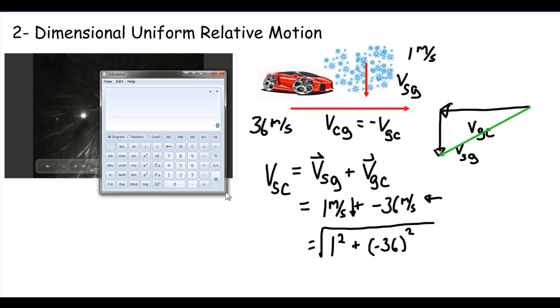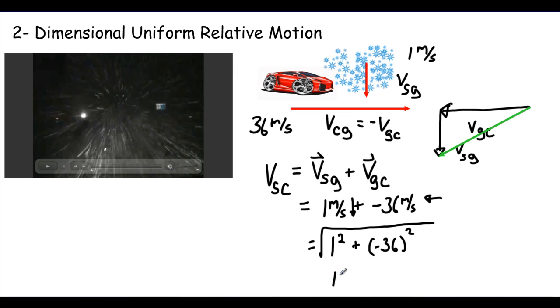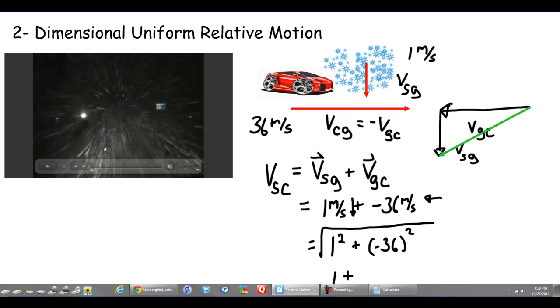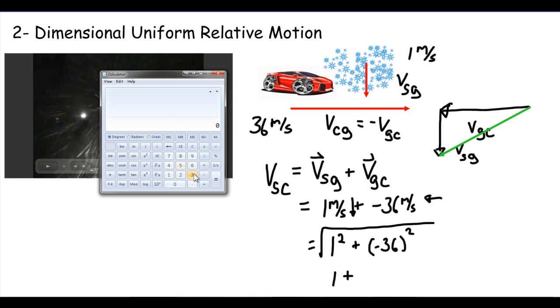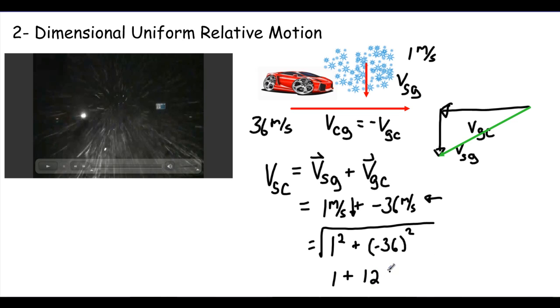Now 1 squared is going to be 1, and 36 squared, let me load that up, equals 1,296.